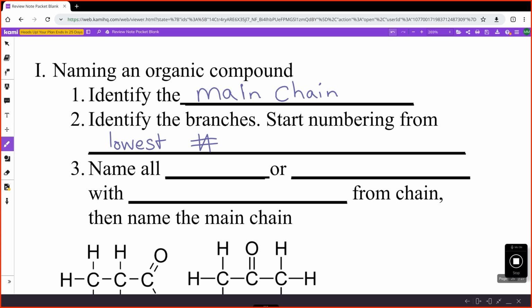The third rule is we have to name any branch as a methyl or an ethyl or a propyl, and or we need to name any of our functional groups.